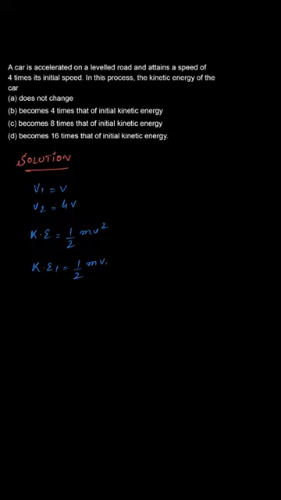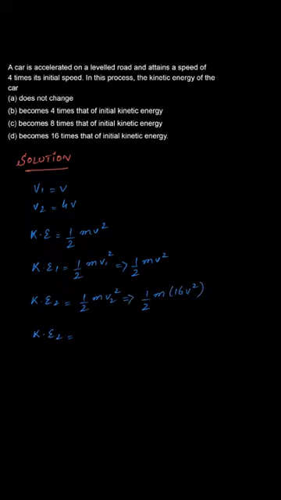Now, students, we know and have read multiple times the formula of kinetic energy, which is 1/2 mv square. Now, we assume that the initial velocity is v1 and the velocity after a rise to 4 times the initial velocity is v2.